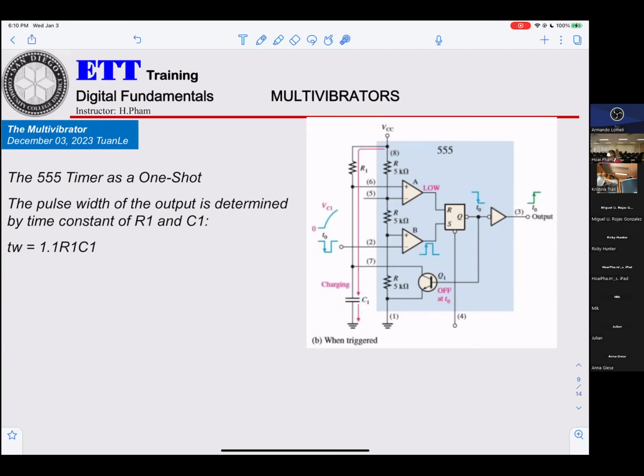This is the lab you will have to do. That's a manual lab, exactly the same as in the lab volt. However, we have to build it in order to do it.